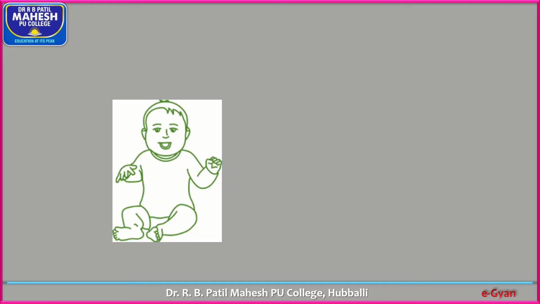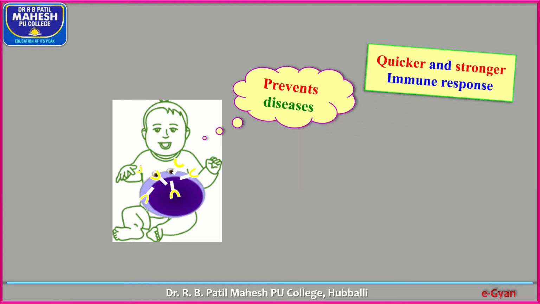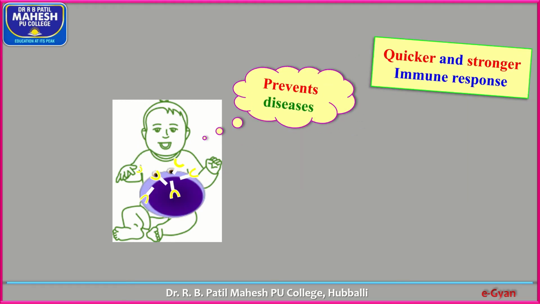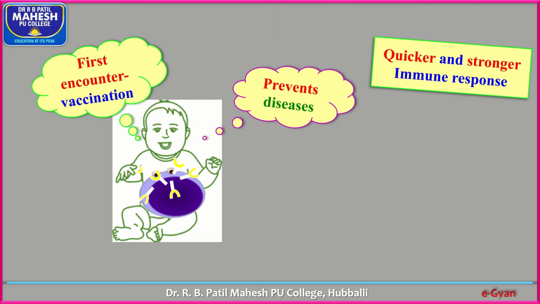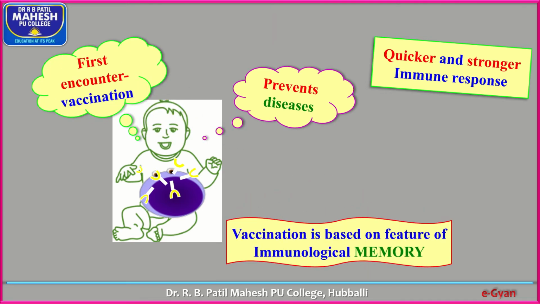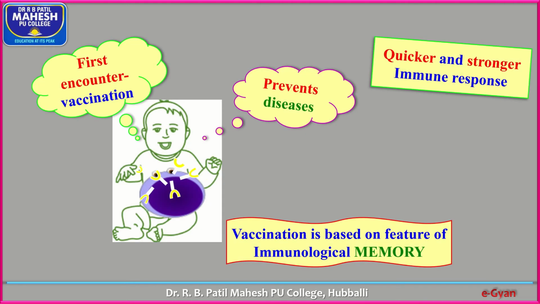As a result of the primary immune response, memory cells are produced, and those memory cells will produce a quicker and stronger immune response, the secondary immune response. So vaccination is based on the feature of immunological memory. The introduction of weakened or live toxoids or half killed pathogens we call vaccination.